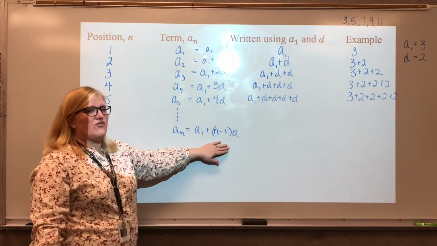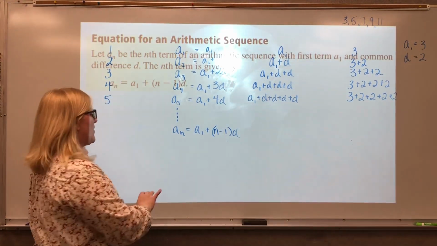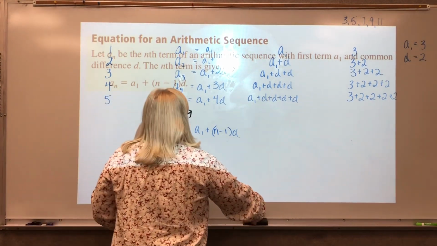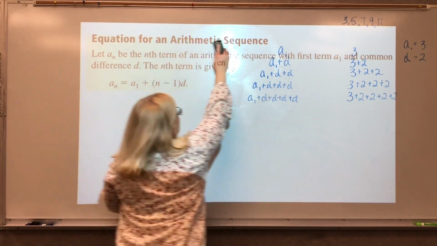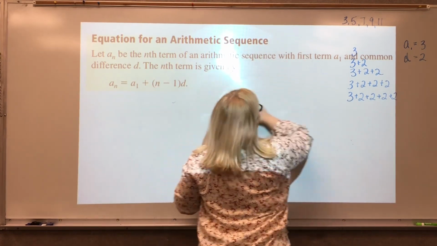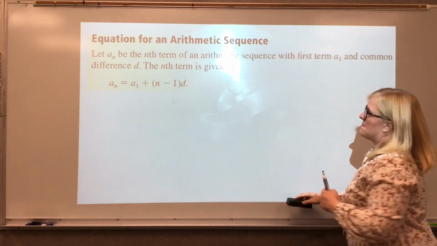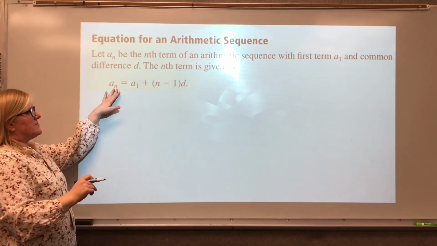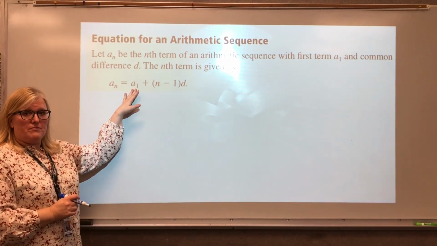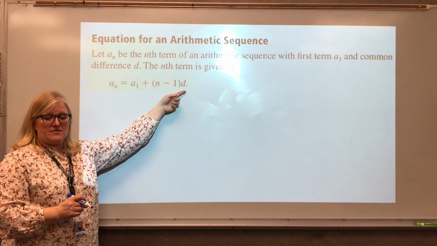Okay, so this is the formula. And so this is, I should say, equation. This is the equation, and I have it here too, okay? So this is important. You're going to need to know this. Okay, so a sub n equals my first term plus n minus 1 times my difference.